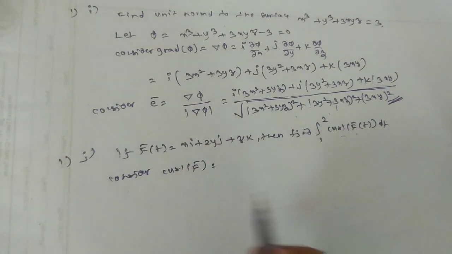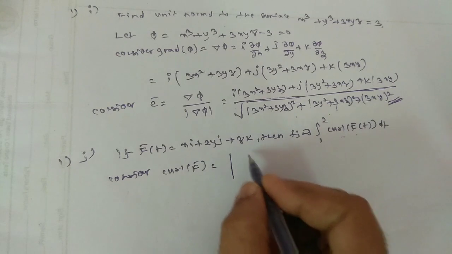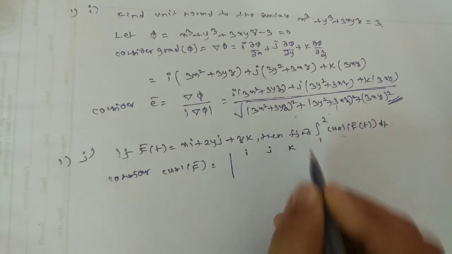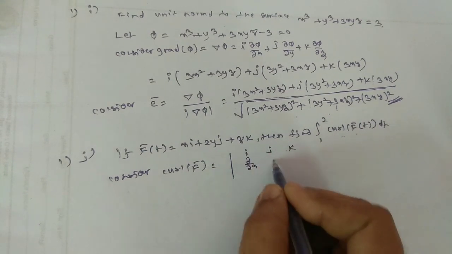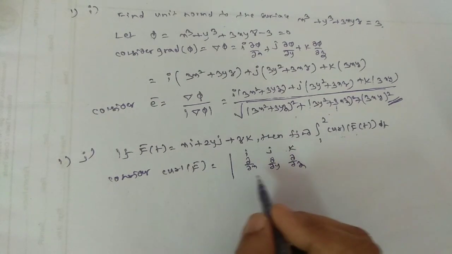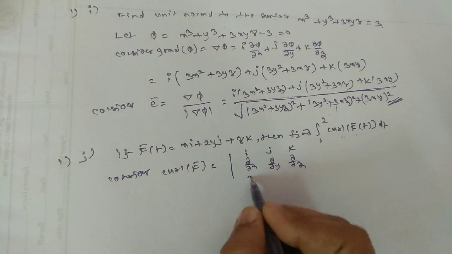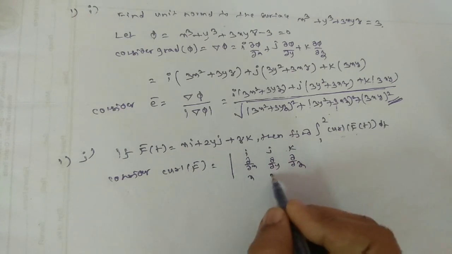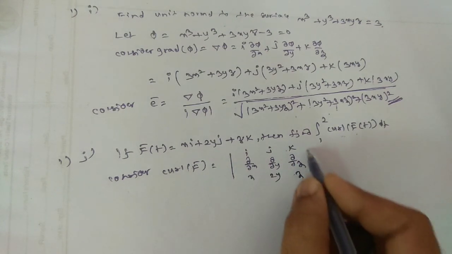As per your procedure, the easiest thing is the determinant: i, j, k; dou by dou x, dou by dou y, dou by dou z. What about the third row? The coefficients of your f bar: x, 2y, and here it is z.